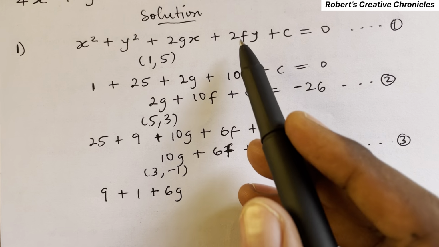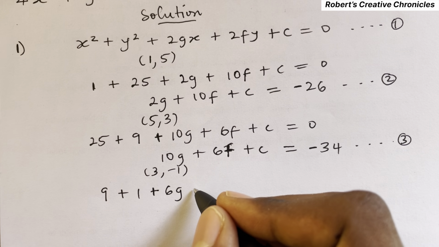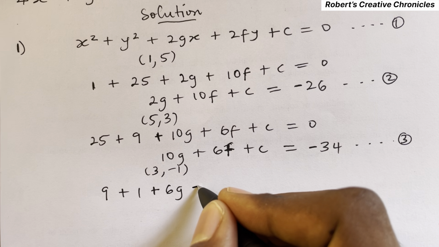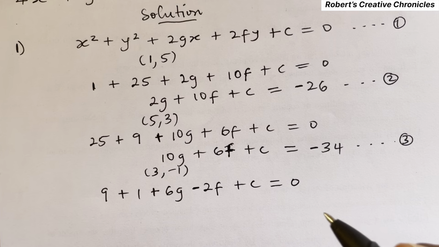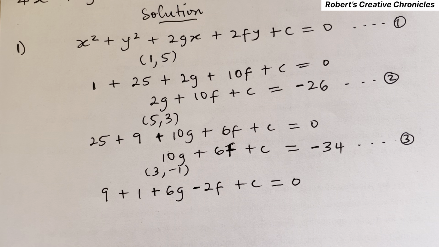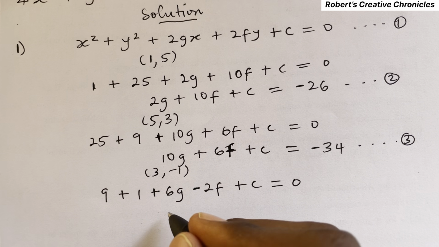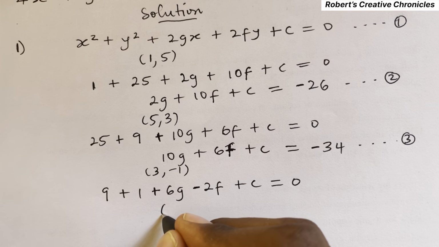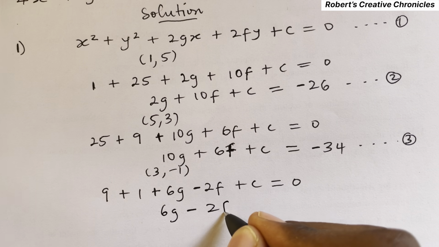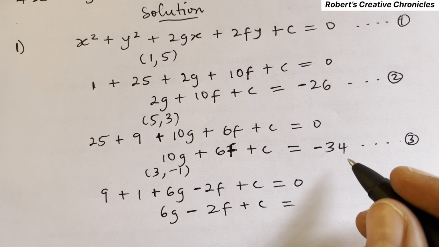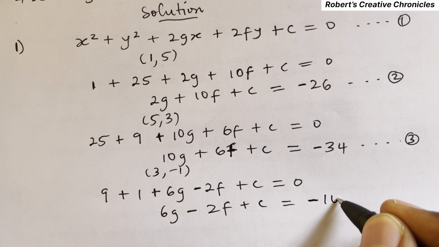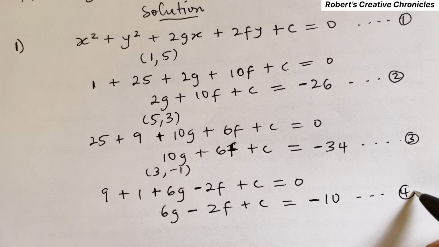So negative 1 times 2 is what? Is negative 2f. Then plus c is equal to 0. So this becomes 6g minus 2f plus c is equals to what? Negative 10. So this becomes our equation 4.